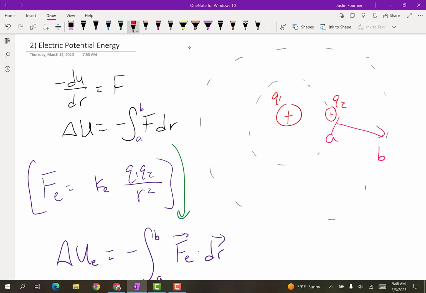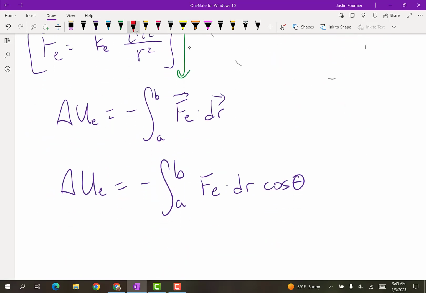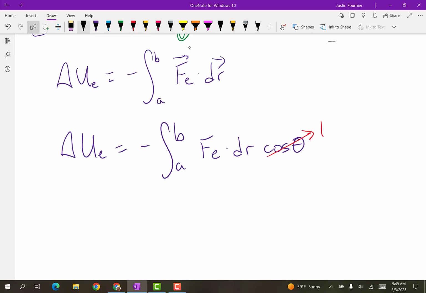My dr is moving this way, where the force is also moving in the same direction, because charge 2 is going to be repelled by charge 1. So that makes the cosine of 0, which is 1.